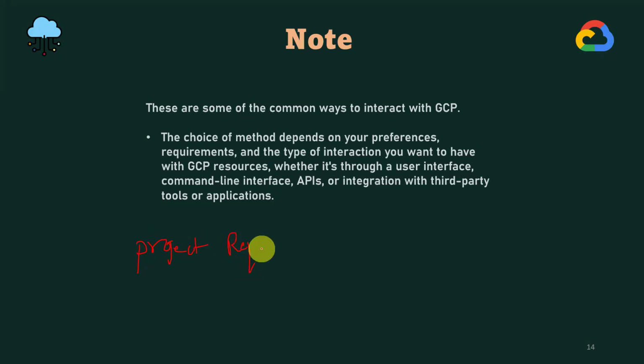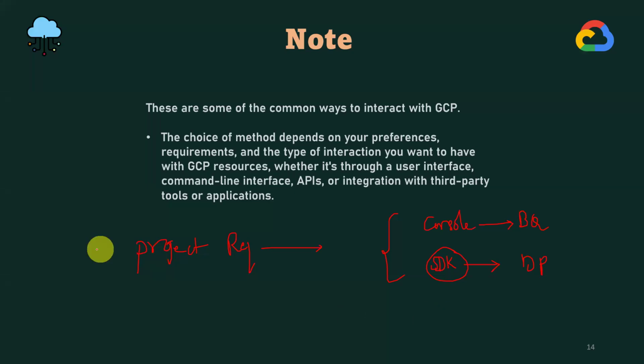If the project requirement says to use the console, you have to use the console. Or for BigQuery, if they ask you to use the console, you have to use the console only. Or for some other service, like Dataproc, if they ask you to use the SDK, you have to use it via the SDK. So it is based on your project requirement.